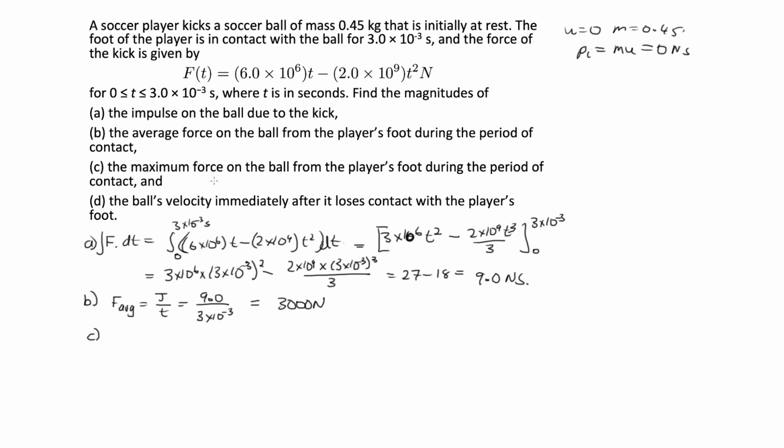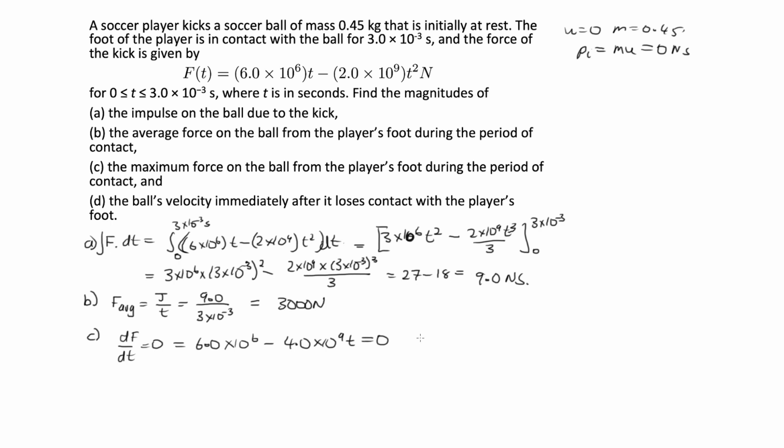Part C then asks us for the maximum force on the ball from the player's foot during the period of contact. So if we want to find the maximum of the force, we're going to have to find the turning point. So we'll have to do dF/dt equal to 0. So taking the derivative of this, we've got 6 times 10 to the 6, and then the derivative of this is minus 4 times 10 to the 9 t.